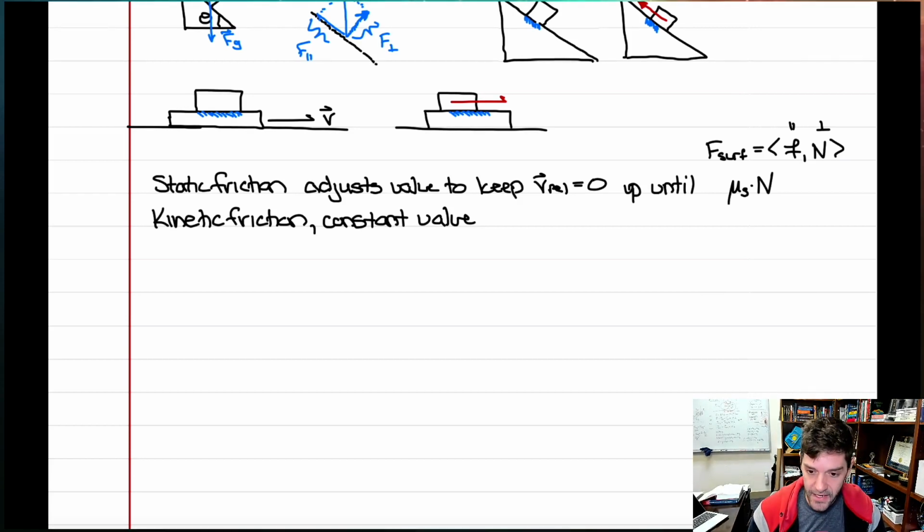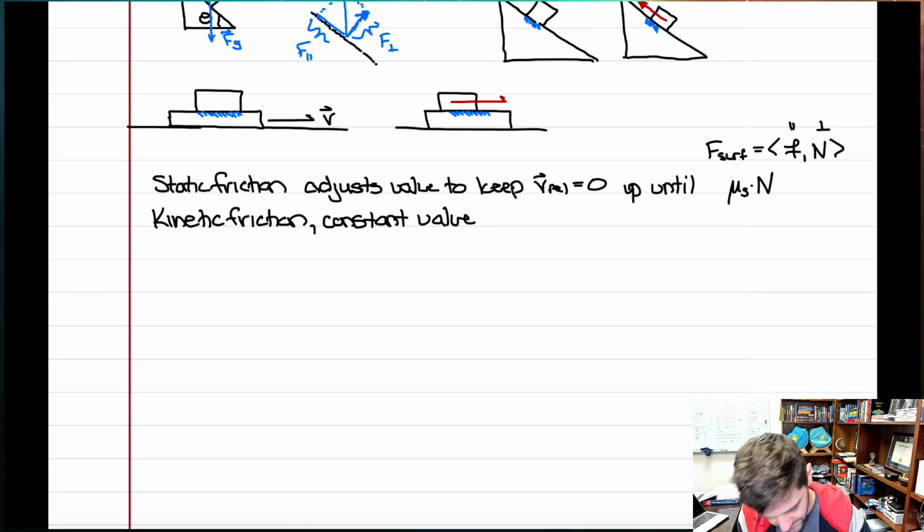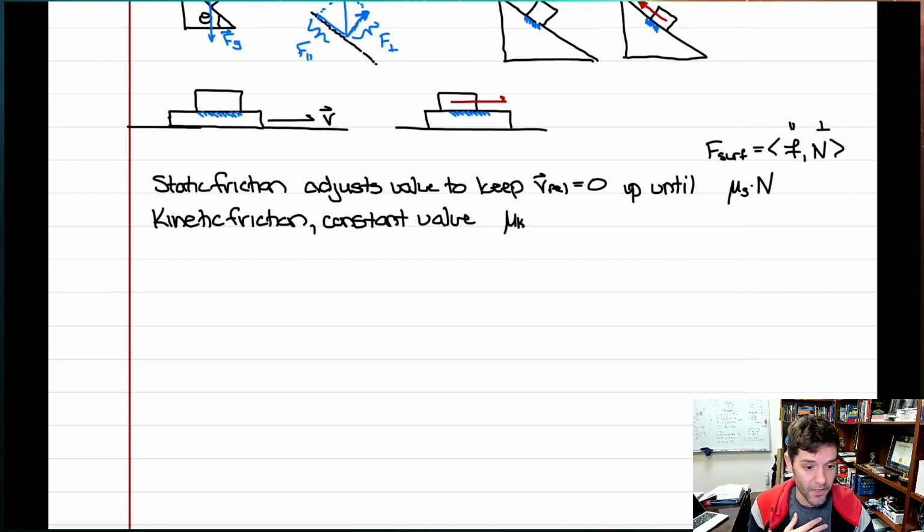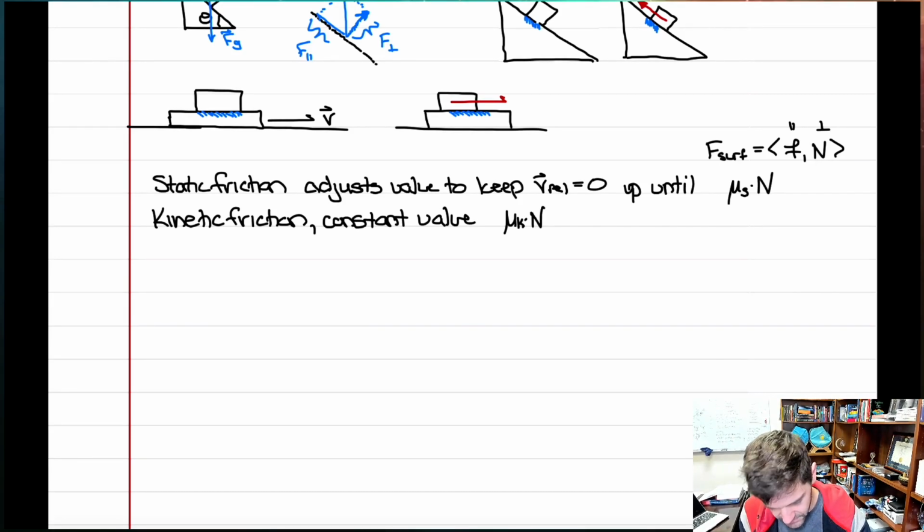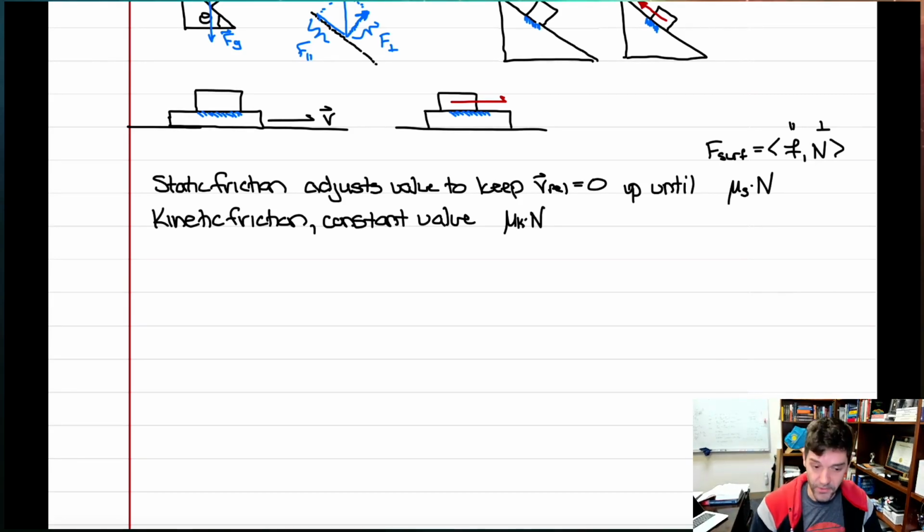This is a more active force in that when you do experiments and you measure the amount of interaction going on between the two surfaces, you notice that once it hits the static limit, the amount of friction force being experienced drops down and hovers around a roughly constant value. So then there's another parameter, a mu for kinetic friction, multiplied by whatever the normal component is at that location.